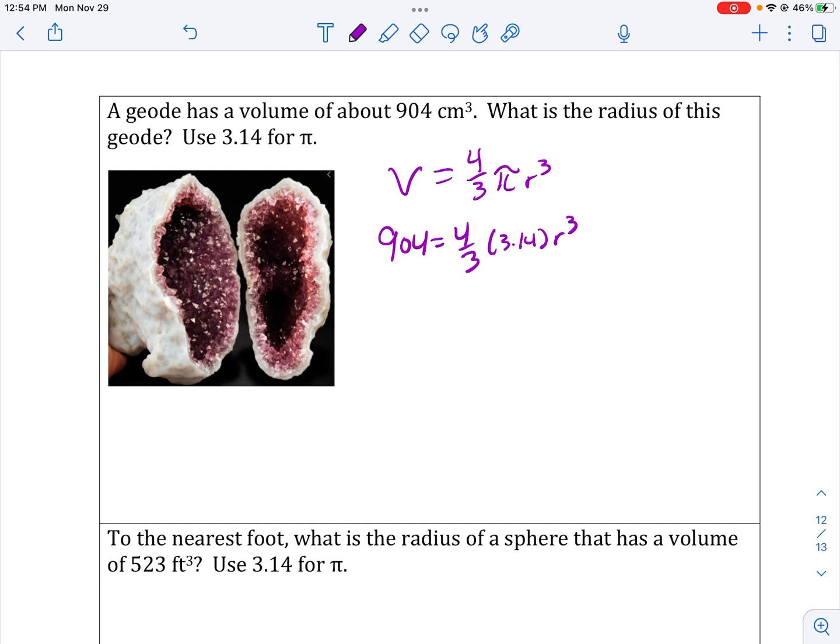So 4/3 times 3.14 is 4.186, where the 6 repeats. So I'm going to divide by that on both sides.